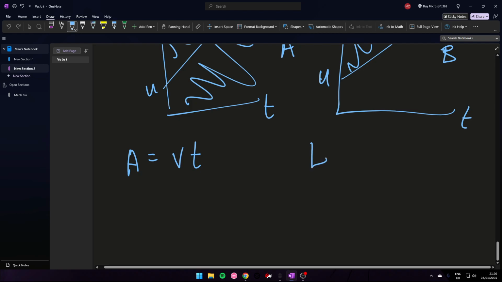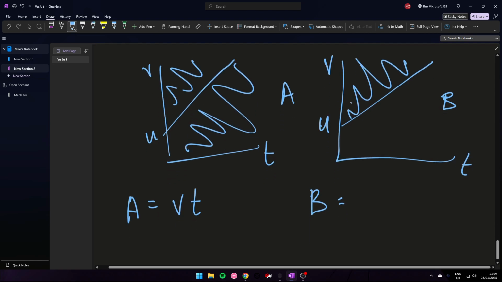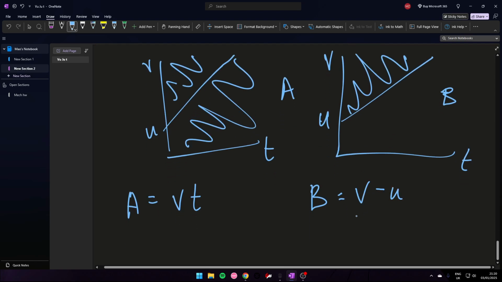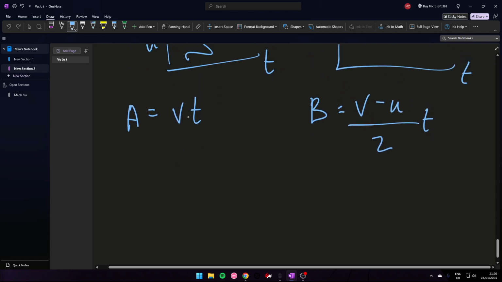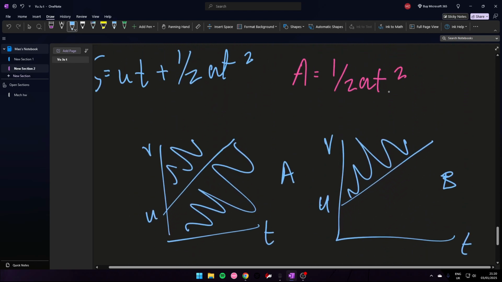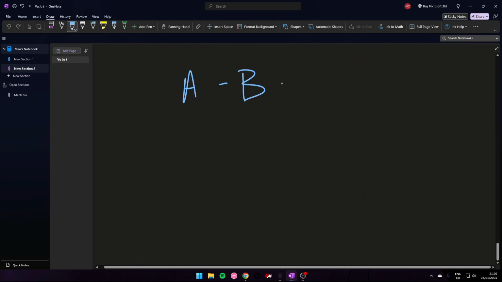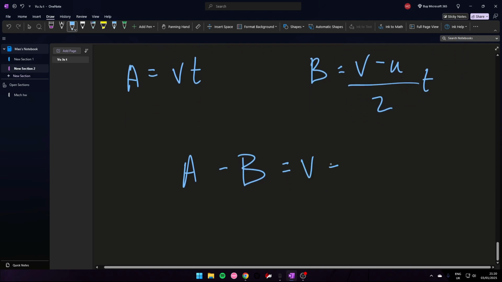B, however, is equal to v take away u over 2, again a triangle, times t. Now this time we're going to use the whole area, so area A take away area B to find the area underneath the line, which is equal to vt minus the triangle.